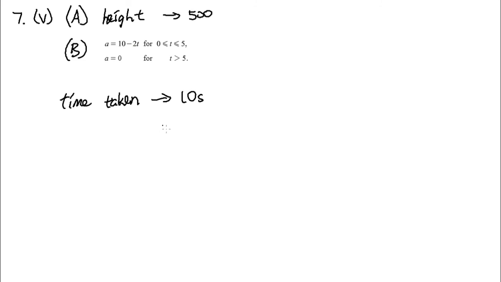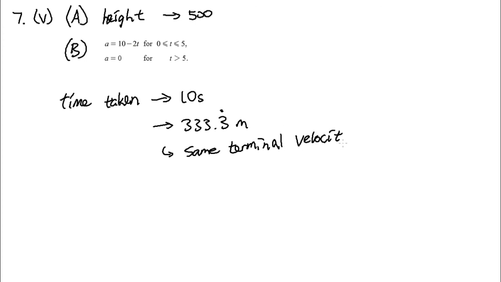The distance covered in those 10 seconds is 333.3 meters. If you drop that height by 500 meters, you still have 500 meters to drop, and therefore you still have enough distance to reach terminal velocity. Therefore the conclusion is the same terminal velocity, and it is of no improvement.